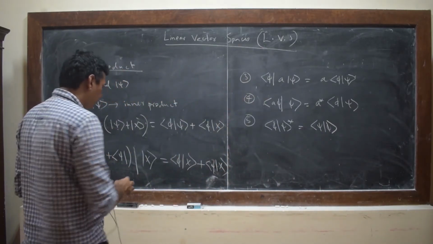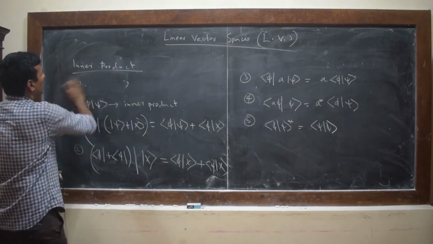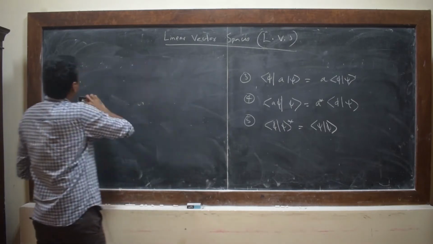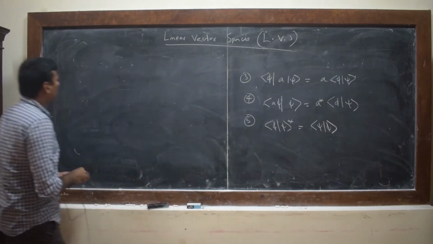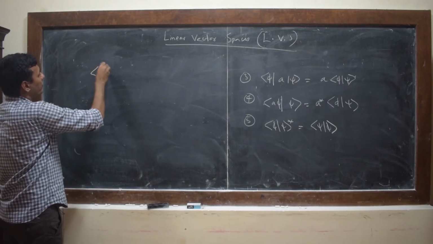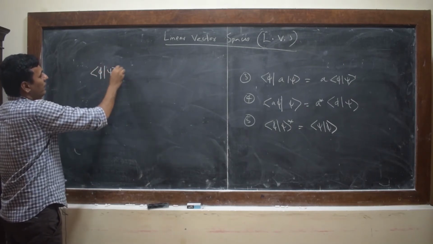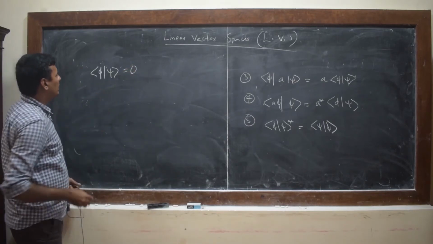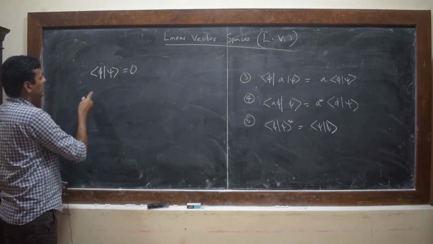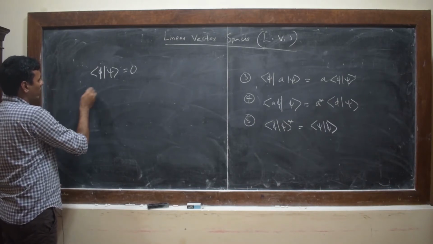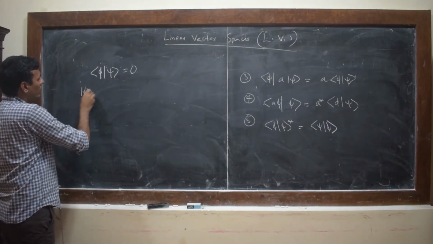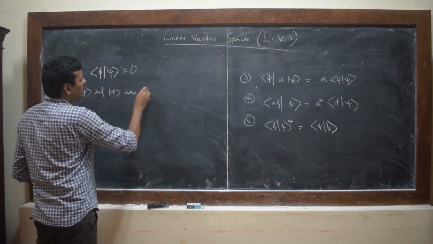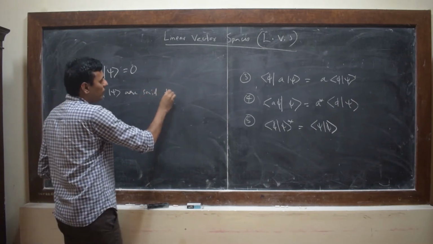Now, I told you, if the inner product phi psi is 0, then you can say that phi and psi are said to be orthogonal.